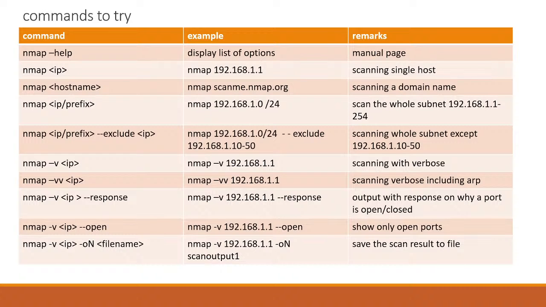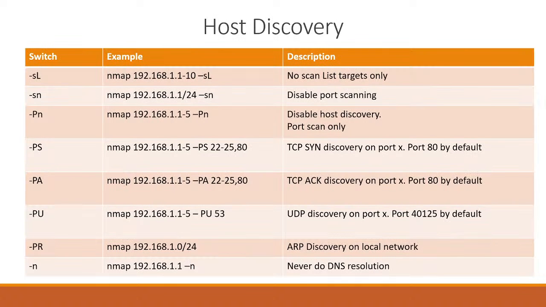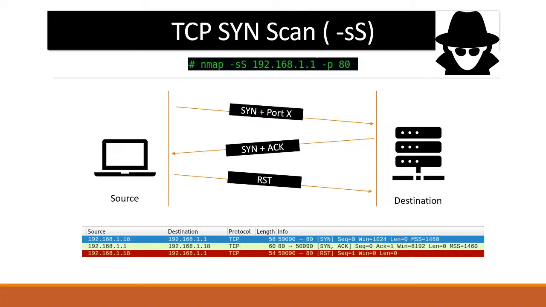Today's session, we will talk about different types of scanning techniques, that is SYN scan, connect scan, FIN scan, all those things. So let's start with TCP SYN scan, what it is.